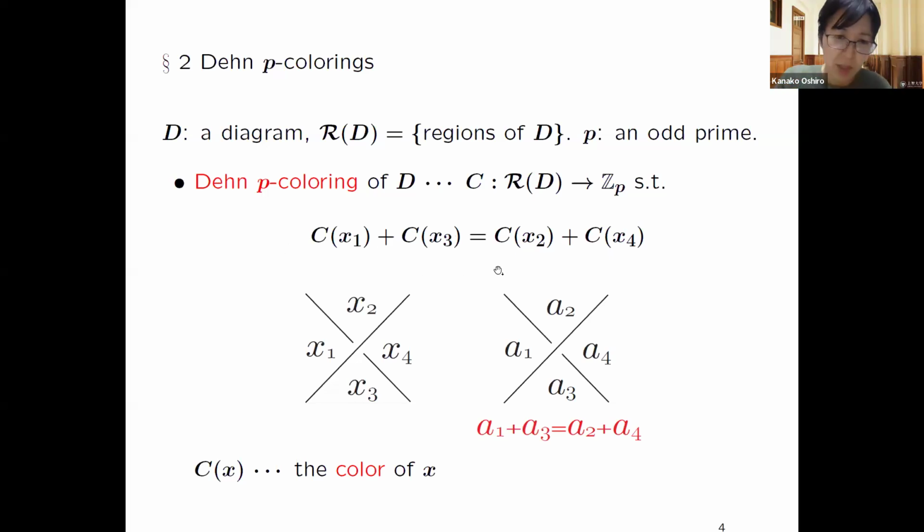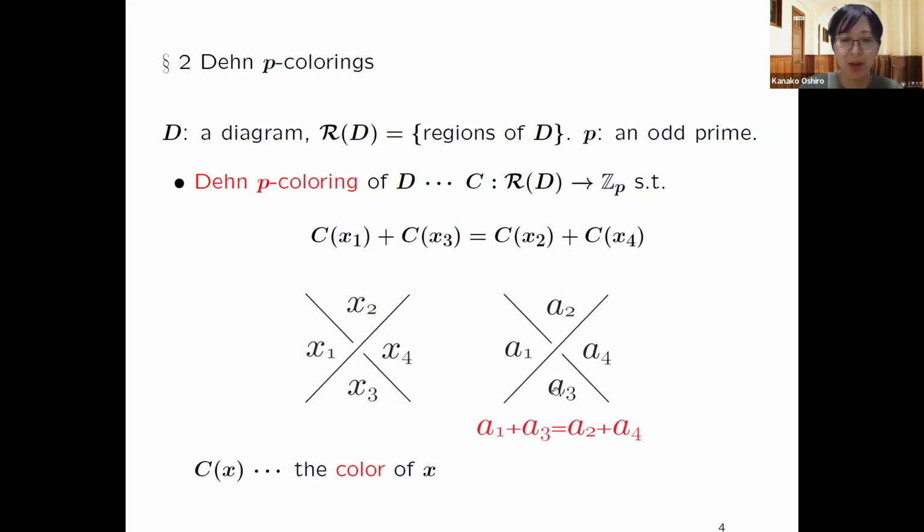This condition means that for the adjacent regions of an over arc, the sum of the colors is unique.